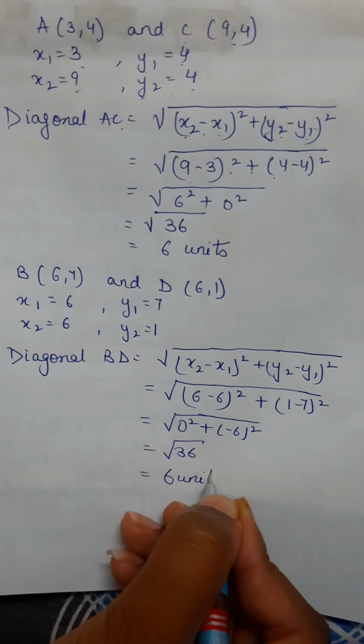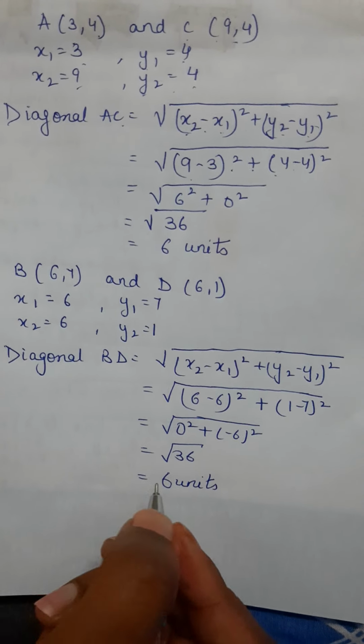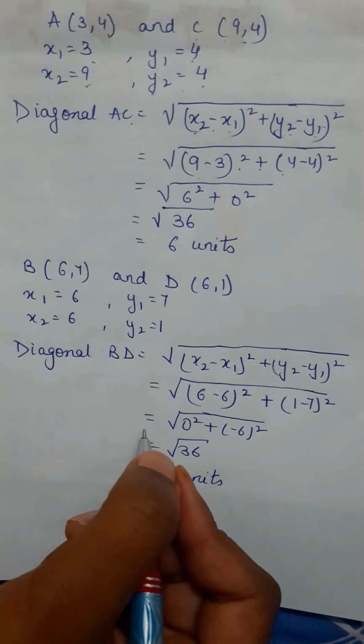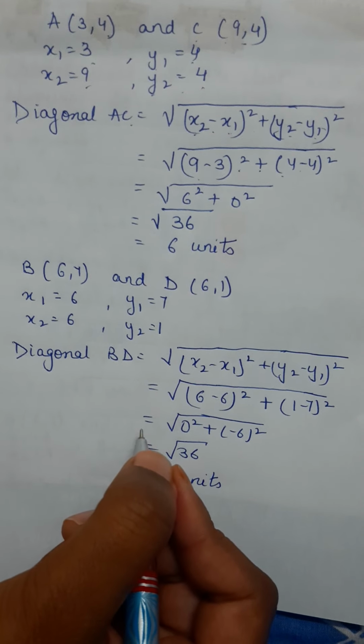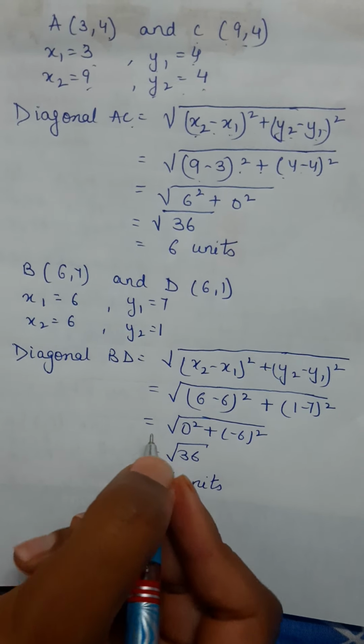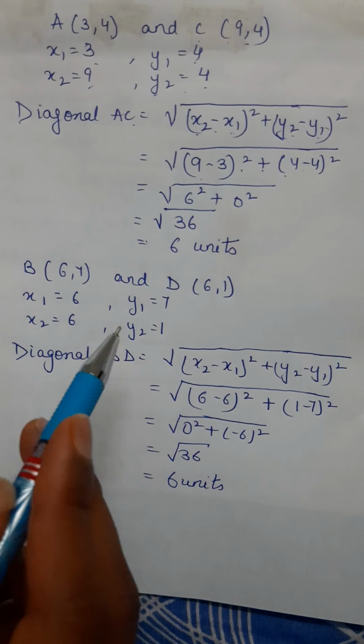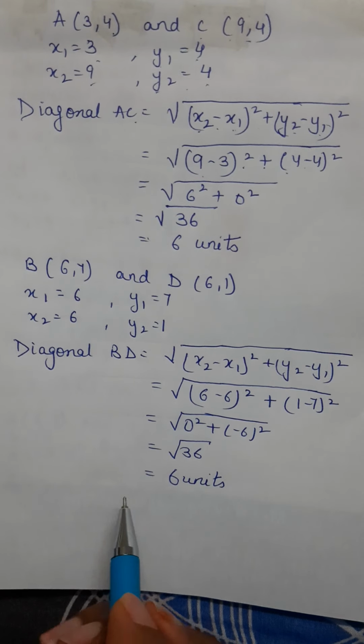Which is equal to 6 units. In this, all properties of a square are verified, that all sides of a square are equal, that is 3 root 2 units, and the distances of the two diagonals are also equal, that is 6 units.